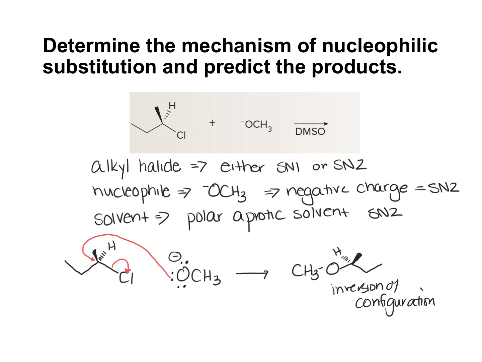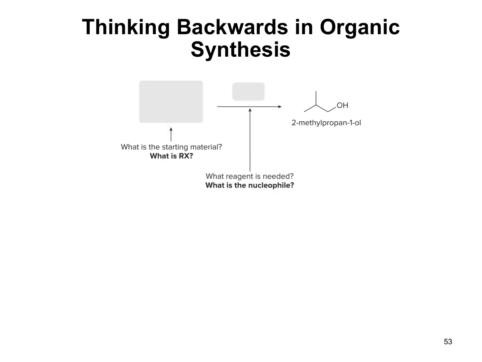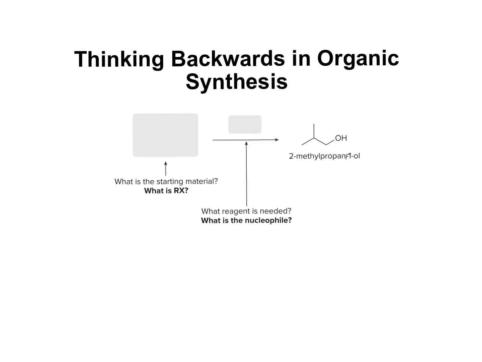Now, the very last thing that we're going to talk about in this chapter just briefly is organic synthesis. And organic synthesis is really just the systematic preparation of a compound from readily available starting materials using one or many steps, right? And many times what we do is we think backwards when we're doing this.